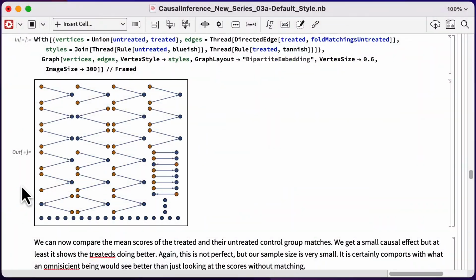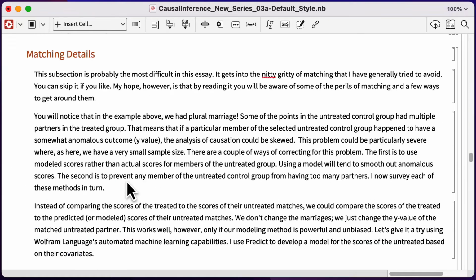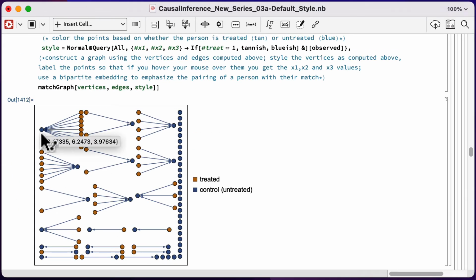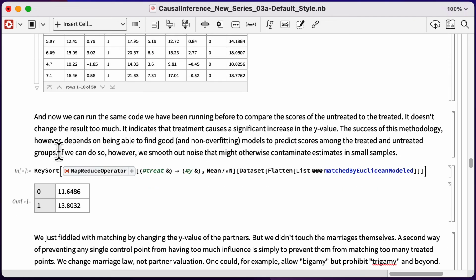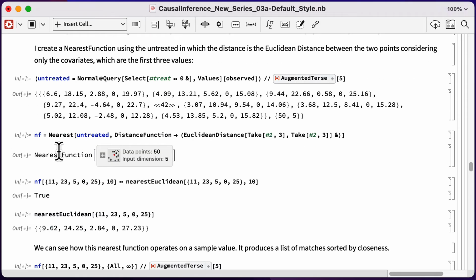Well, I just gave you the idea of matching, but I also showed you a potential issue with matching, which is just having some people in the control group who are too popular, and therefore they have an undue effect. So there are all sorts of ways of dealing with that. I'm not going to go through the code of how you actually do it.